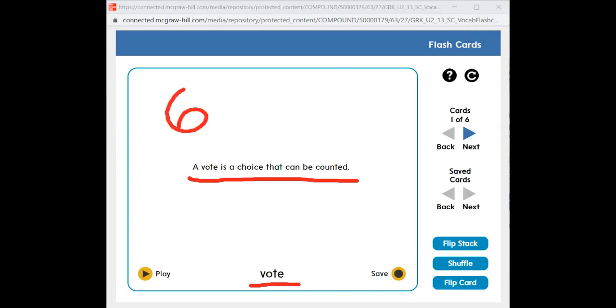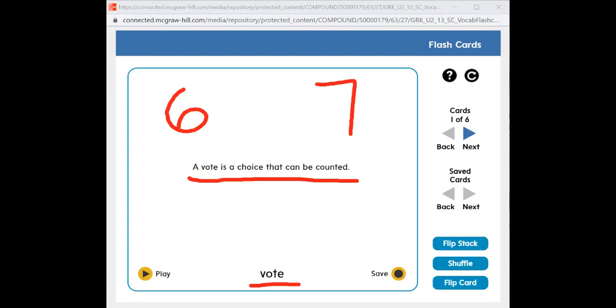All right, then I would say, okay, who wants vanilla cake? So everyone would raise their hand and they would be voting if they wanted vanilla cake. And let's say 7 kids wanted vanilla cake. So that's a vote. A vote is a choice that can be counted.